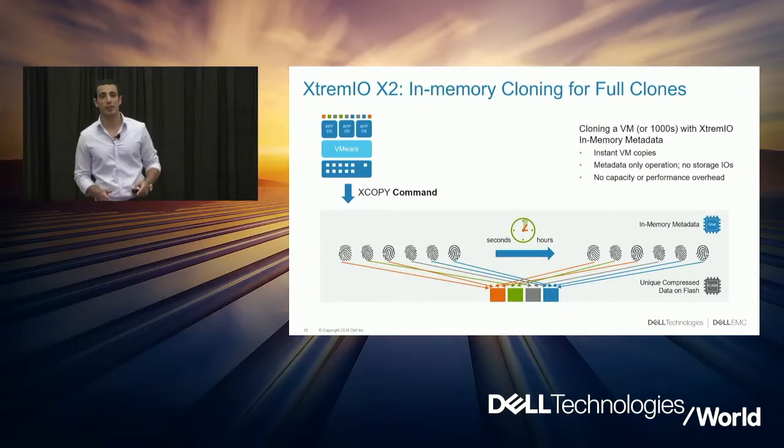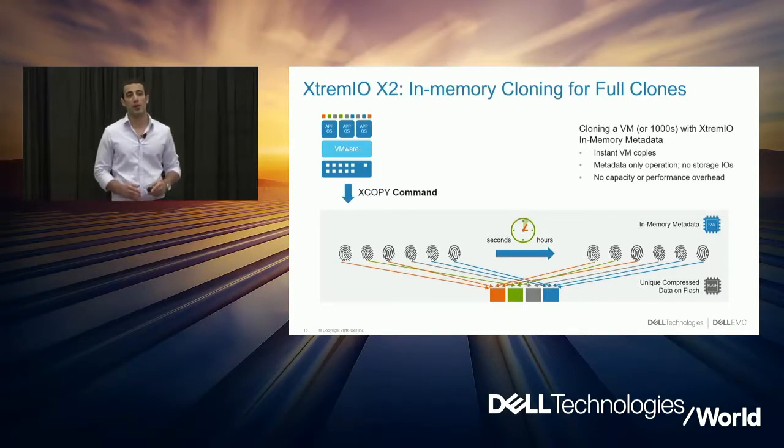And this gives us the ability for instant VM copies and cloning of hundreds and thousands of VMs using XtremIO in-memory metadata. And since this is only a metadata operation, no additional storage capacity or performance is required.